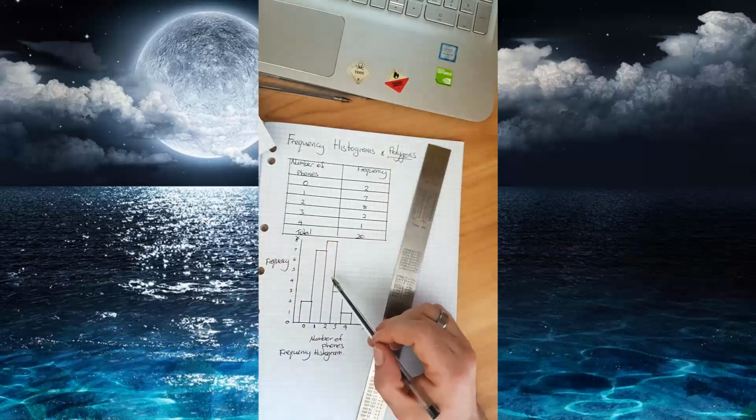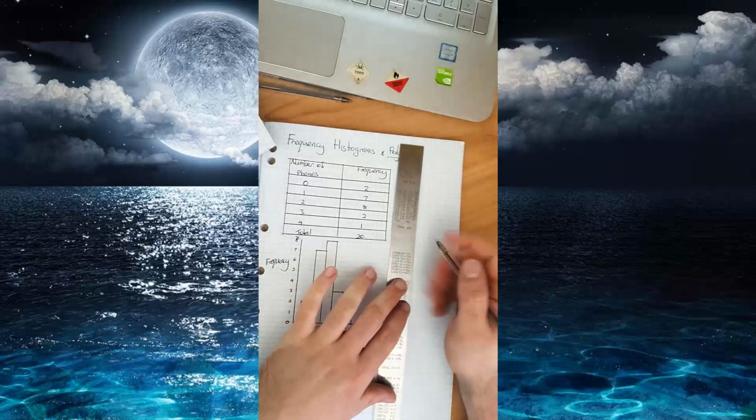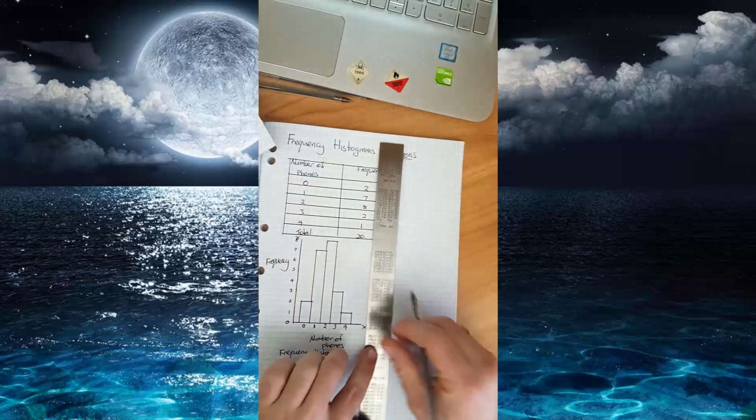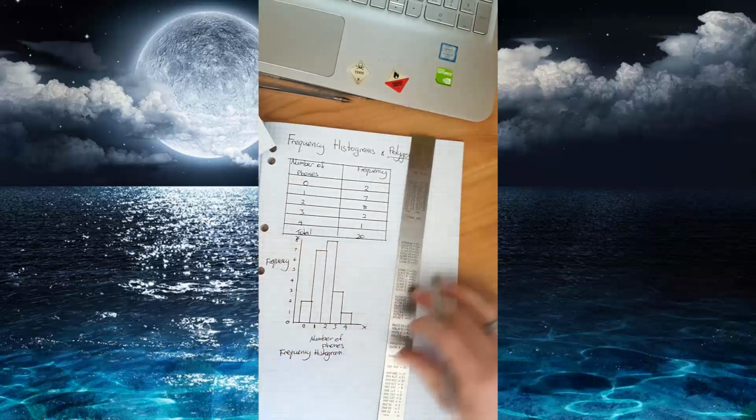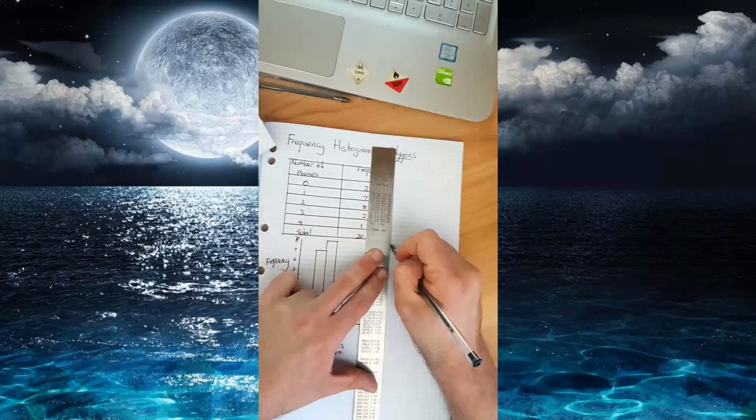Now this is very similar to a column graph. The polygon is very, very similar to a line graph, as you'll find out. So again, I'm going to use the exact same scale.